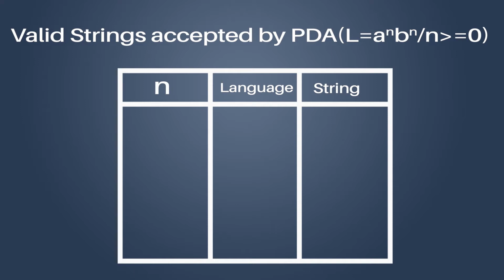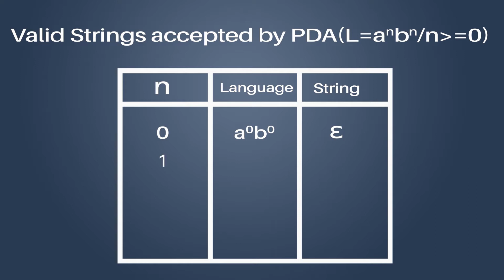If n is equal to 0, if I substitute it in the language, it becomes a to the power of 0, b to the power of 0. That means there would be no occurrence of a and no occurrence of b. So we will be writing it as epsilon.